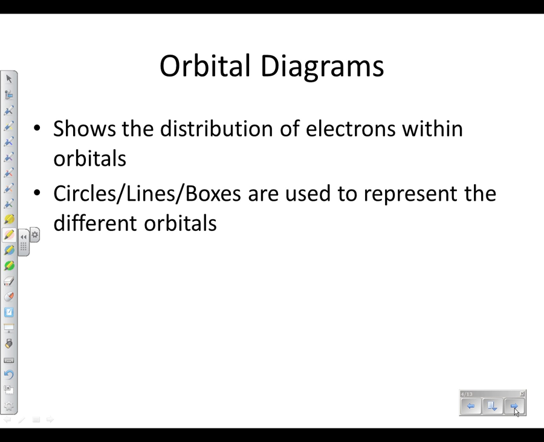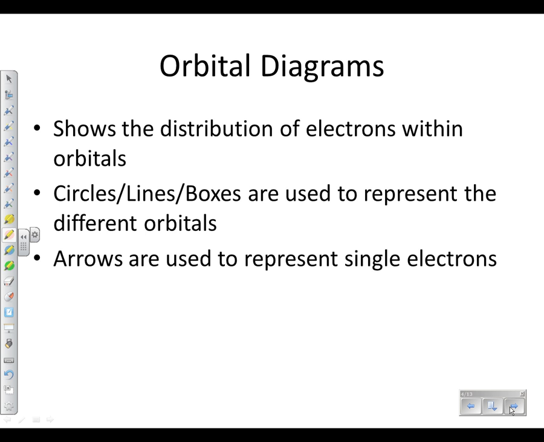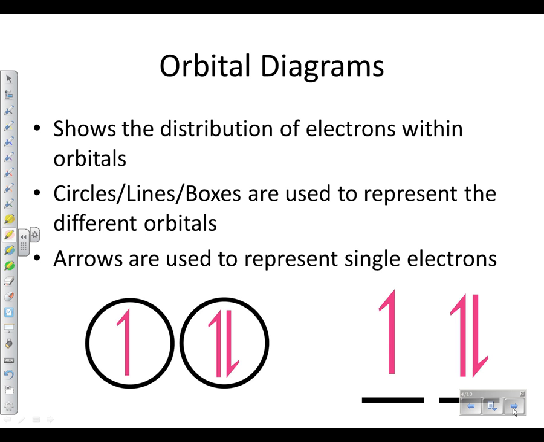They represent these different orbitals that exist around the nucleus, these areas of high probability. And then we use arrows to represent single electrons. So you might see orbital diagrams like the ones over there on the left, where they have a circle and then 1 arrow inside of them or 2 arrows inside of them, depending on how many electrons are there.